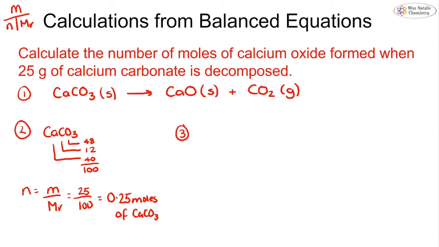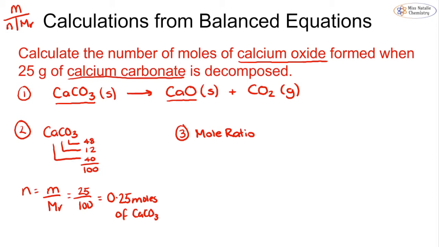Step 3 is now to look at the mole ratio. So what I advise doing is look through the question and identify the two things that you're interested in. We are interested in calcium oxide and calcium carbonate. This tells me I'm only interested in these two things and I can ignore the carbon dioxide.